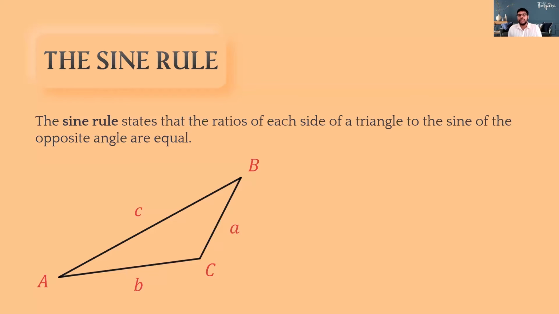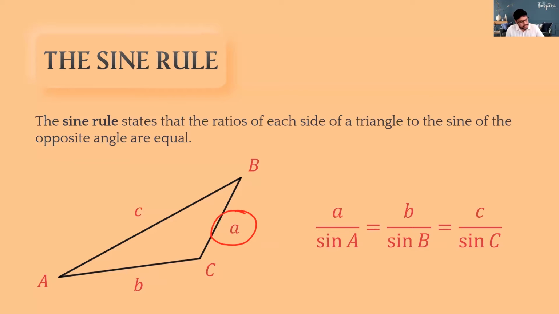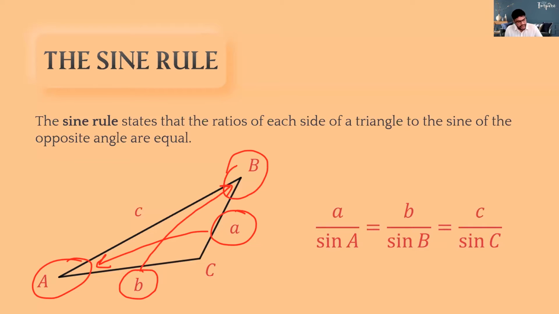So children, the sine rule basically says this. If you take a side and its opposite angle, so you can see here I have A and the opposite angle is this. So A over sine A is equal to the other side, B over sine B, which is the opposite angle, and C over sine C. Basically they are saying that this ratio is the same.